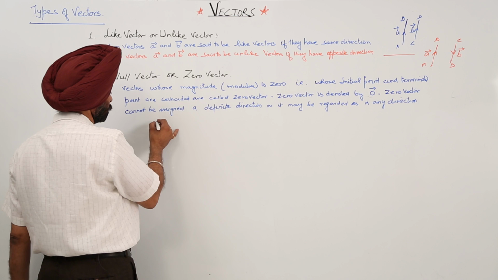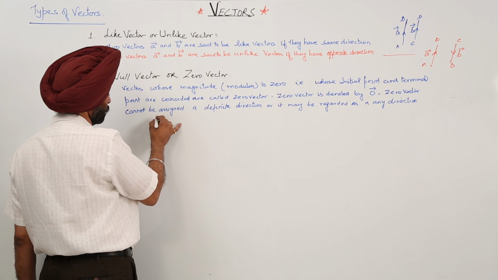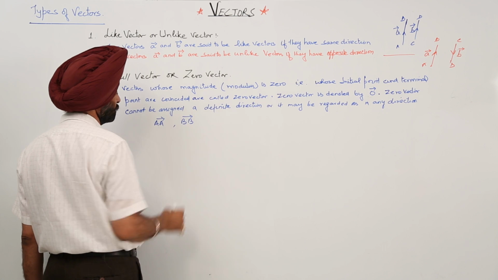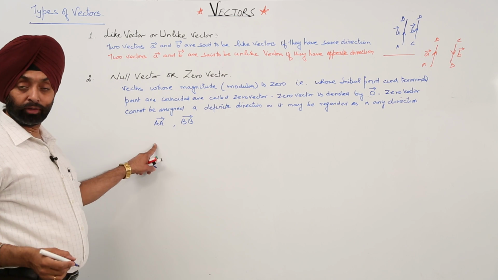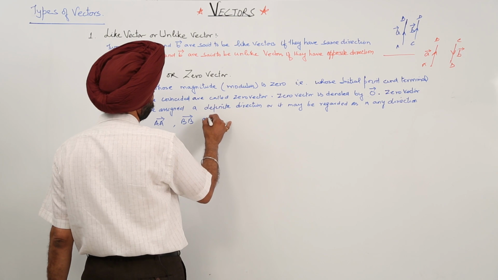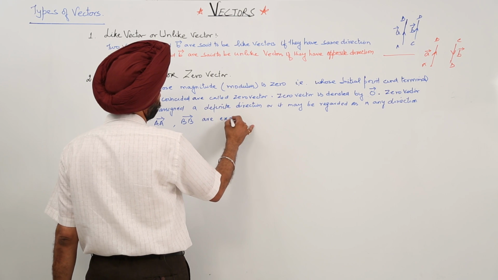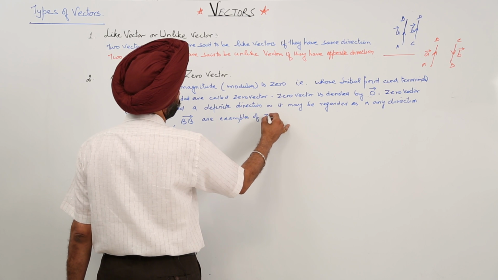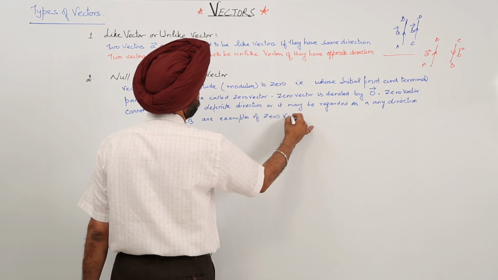Okay, so now vector AA like this, vector BB like this, means initial and terminal point are the same points. Okay, these are examples of zero vector.